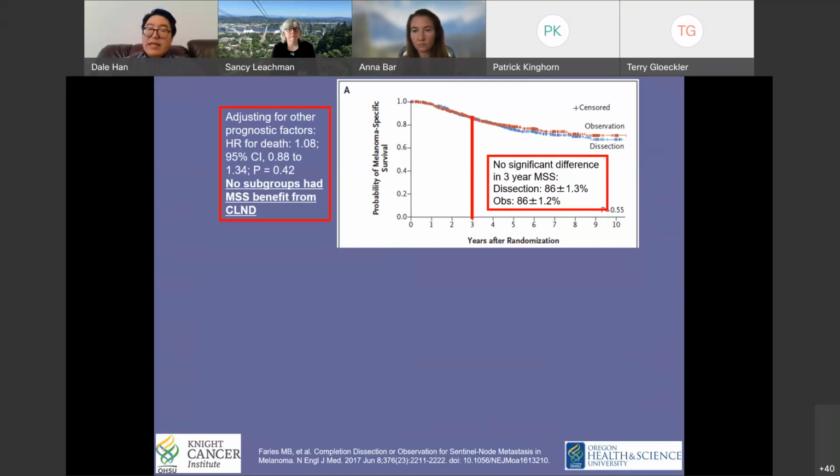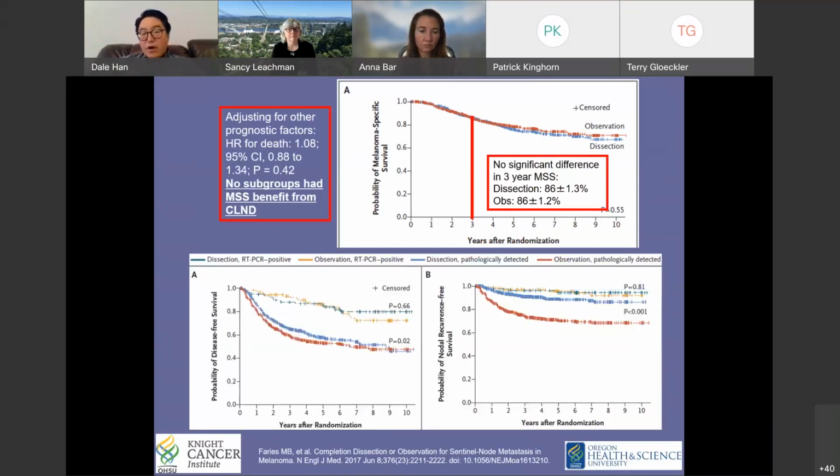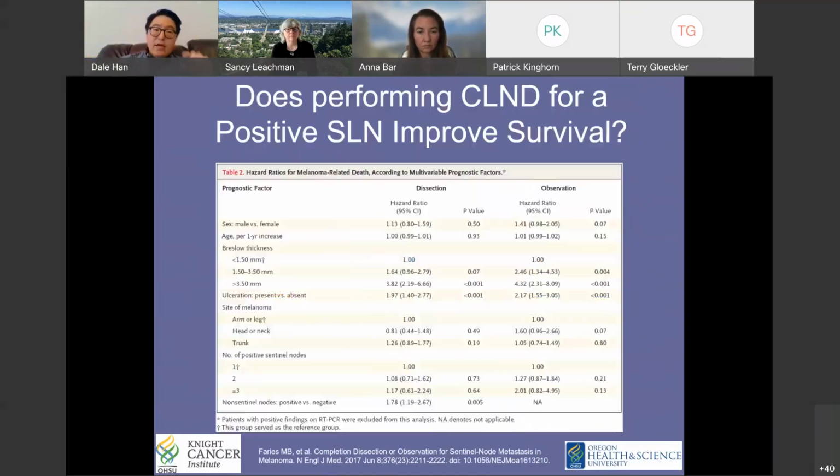And more importantly, they couldn't find a certain subgroup of patients that could benefit from a lymph node dissection. However, on the other end of the spectrum, they did find that patients who did have that completion lymph node dissection had better disease-free survival and also had better regional or nodal basin control rates, as would be expected.